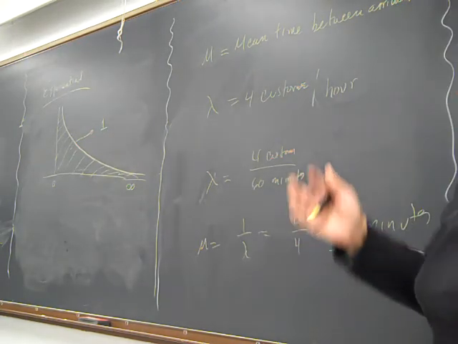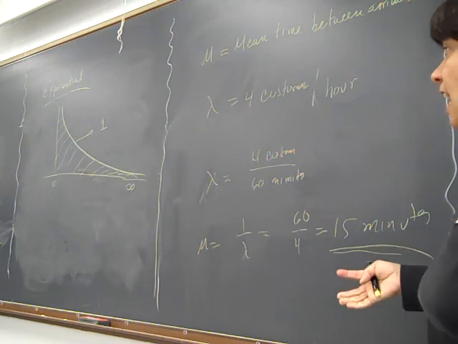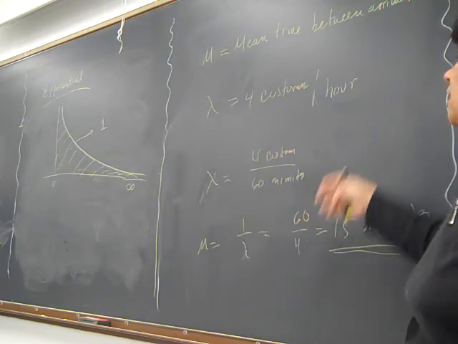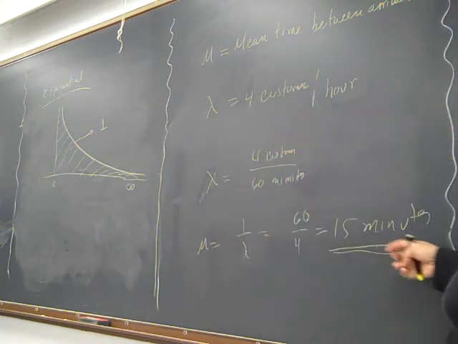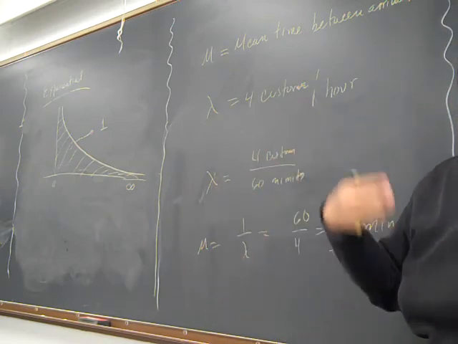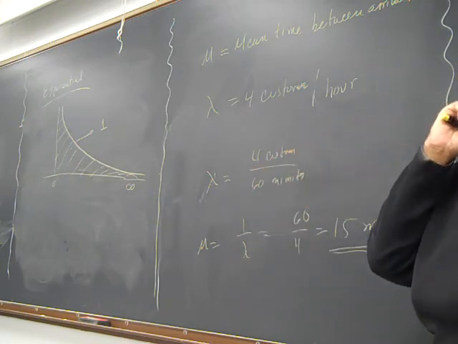So the mean is the inverse of lambda. If I have a lambda of 4 customers every 60 minutes, the mu is 15 minutes. So every 15 minutes we will have a customer arriving to the store.